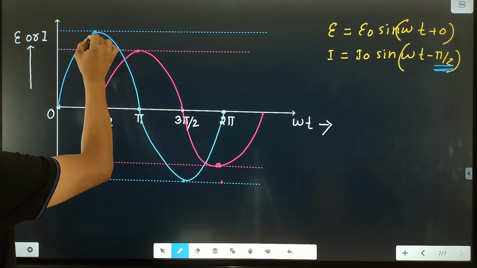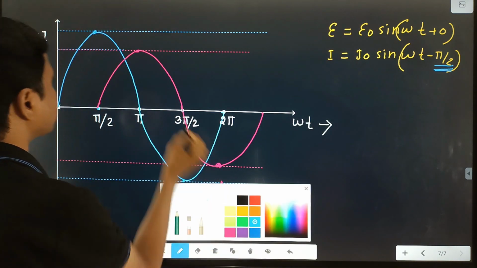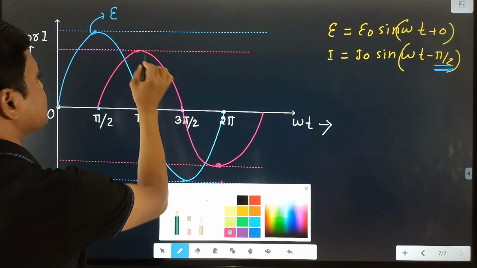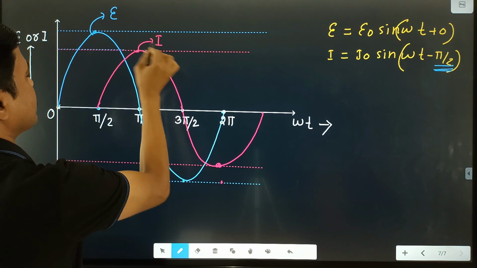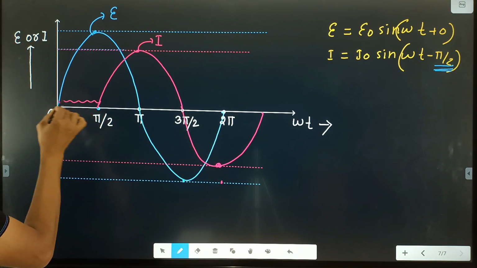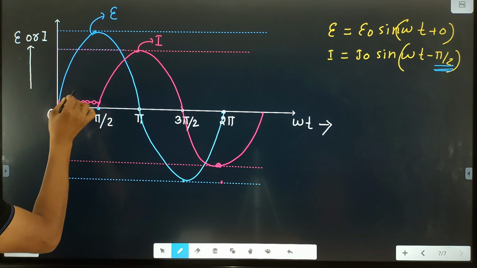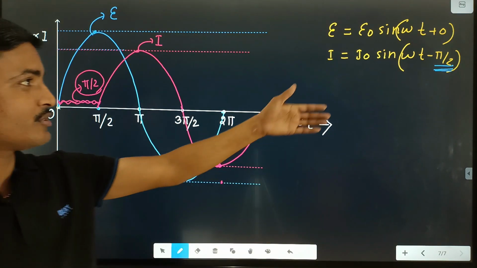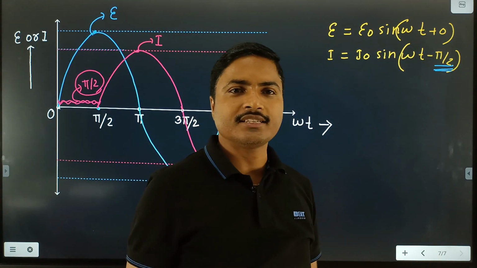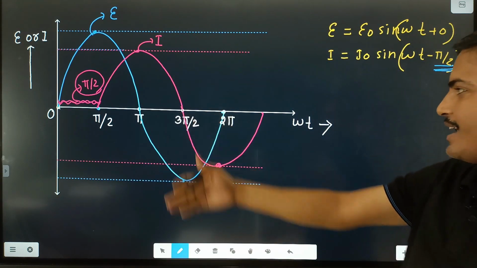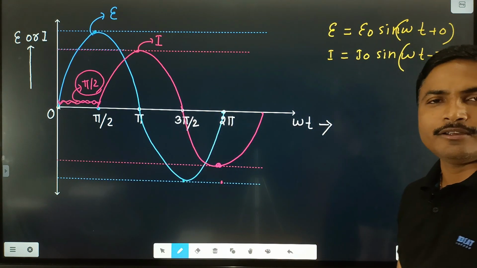This is the graph for EMF, and this one is the graph for current, because the phase difference between EMF and current is pi by 2, and we also get this from the equation. And this is all about the phasor diagram and the graph of E and I versus omega t.